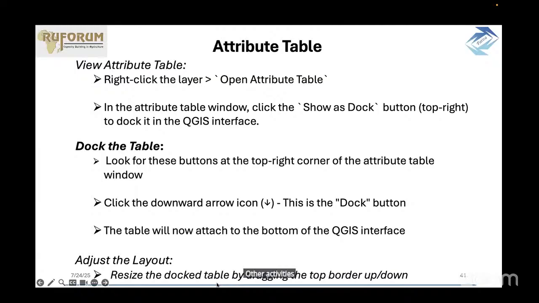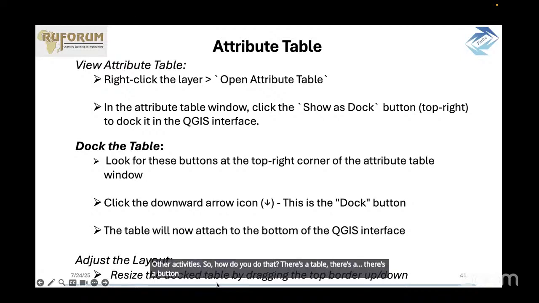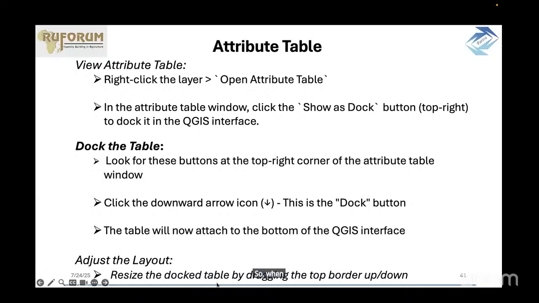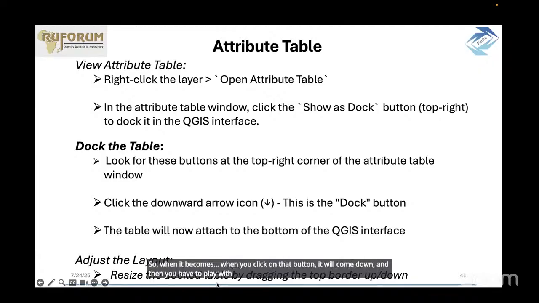So how do you do that? There's a button at the right hand corner, which I'm going to show you in the next slide. When you click on that button, it will come down, and then you have to play with it a little bit, and then it just settles there. And then from there you can use it.